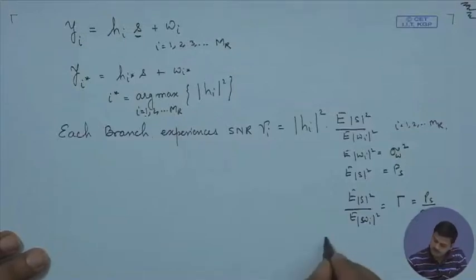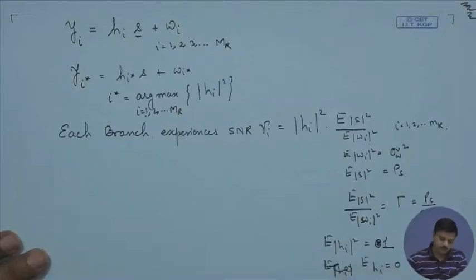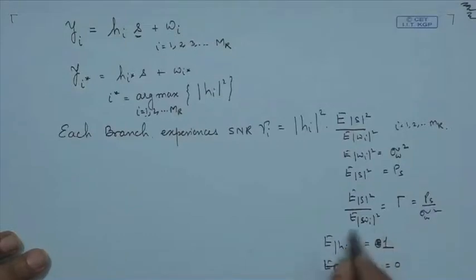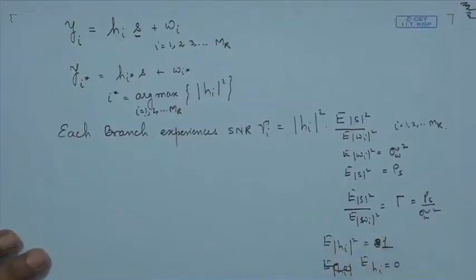And we also have the assumption that E of mod h_i squared is equal to 1, and E of h_i is equal to 0. This is for Rayleigh fading, but it is one of the assumptions that we make in this work.